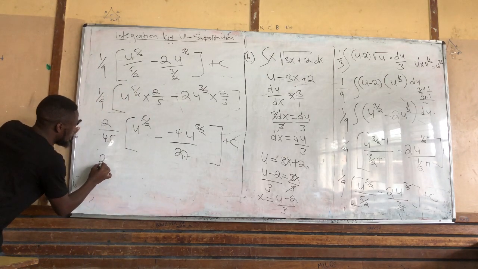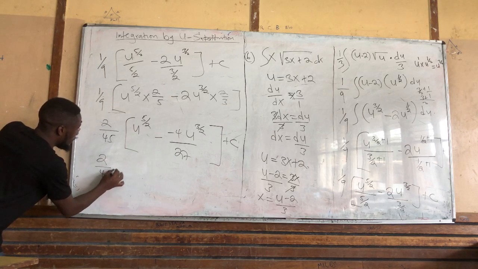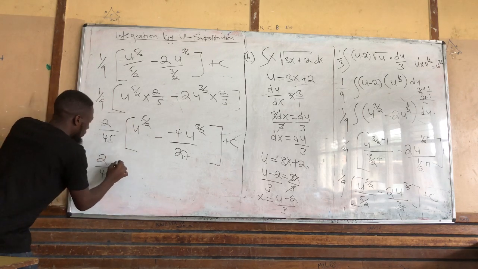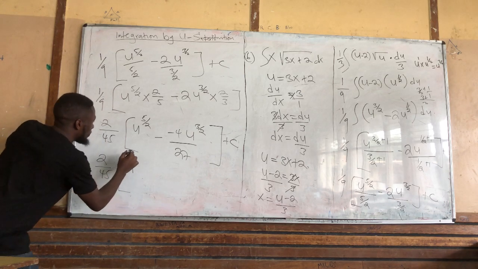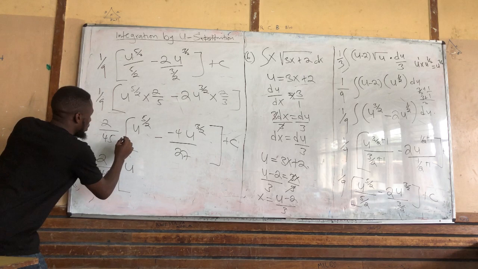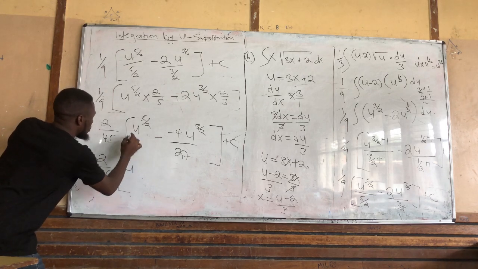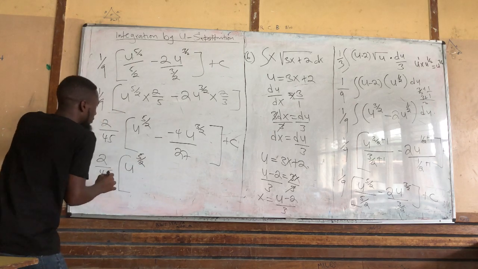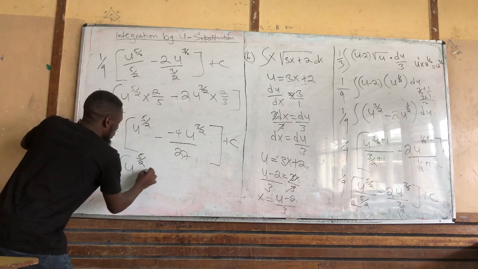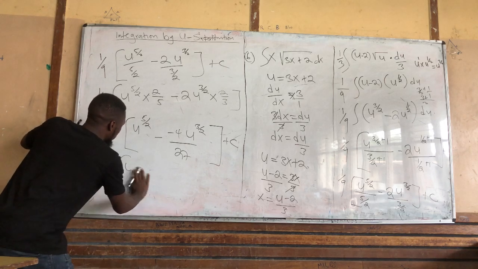The answer is 2 over 45 u to the power 5 over 2, minus, let me just replace the value of u.